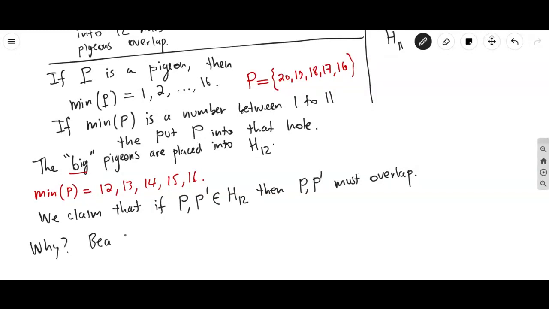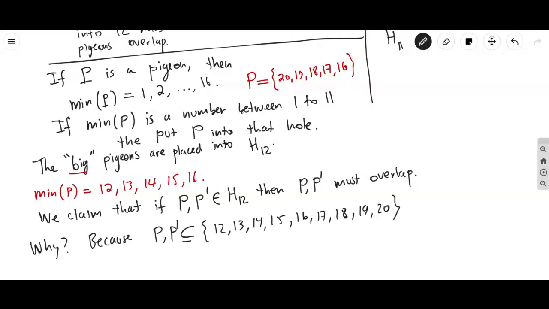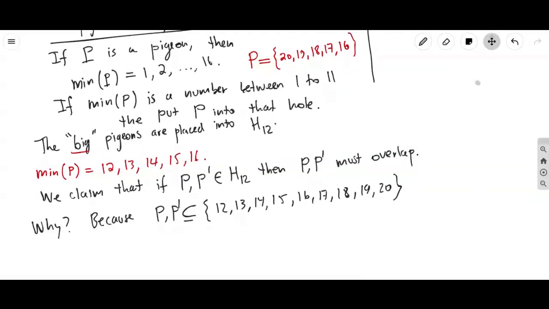Because P and P prime have to be subsets of these numbers, 12 through 20, because the minimum number in the big pigeons is at the very least 12. So you have 12, 13, 14, up to 20, which is 9 choices. But P and P prime each contain 5 of those.